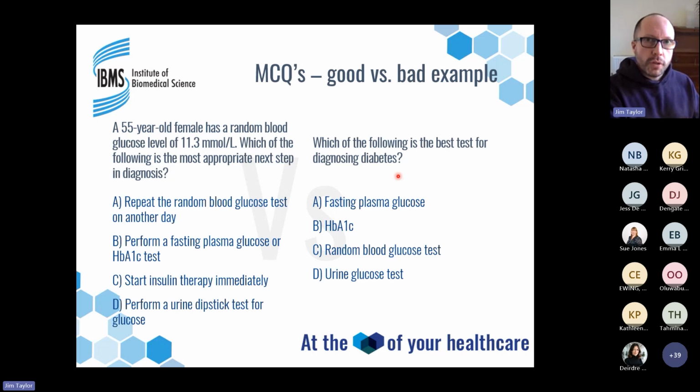It follows all of those ideas about linking to a SMART learning outcome. And you can see that we've not used all of the above, we've not used none of the above, we've given plausible distractors. So a student really does need to know what the right answer is in order to get that question right.